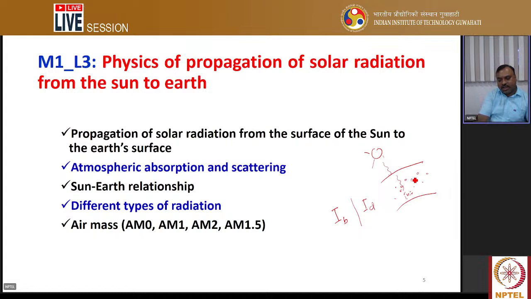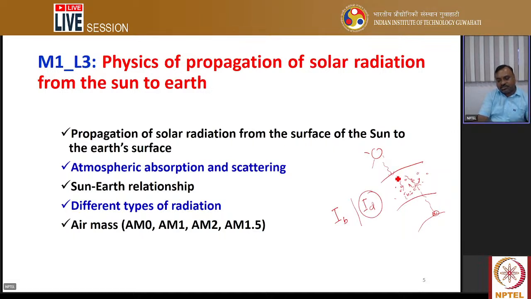In some cases, this radiation strikes on the water molecules and its direction changes. It's like anisotropic. And then when this radiation strikes on the earth surface, its intensity is in reduced form, right? So this kind of radiation is known as diffuse radiation.